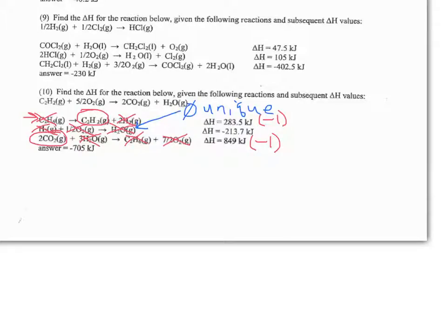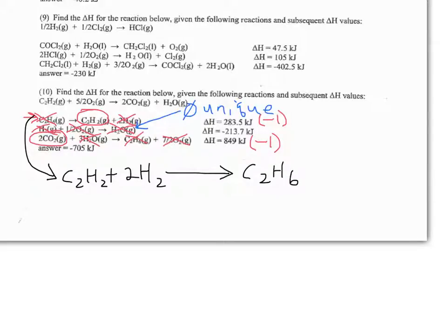Once we know what we need to multiply the equations by, we need to go ahead and carry out those operations. So -1 means flip the equation. So that's going to be C2H2 plus 2H2. The products become the reactants, and the reactant becomes the products.